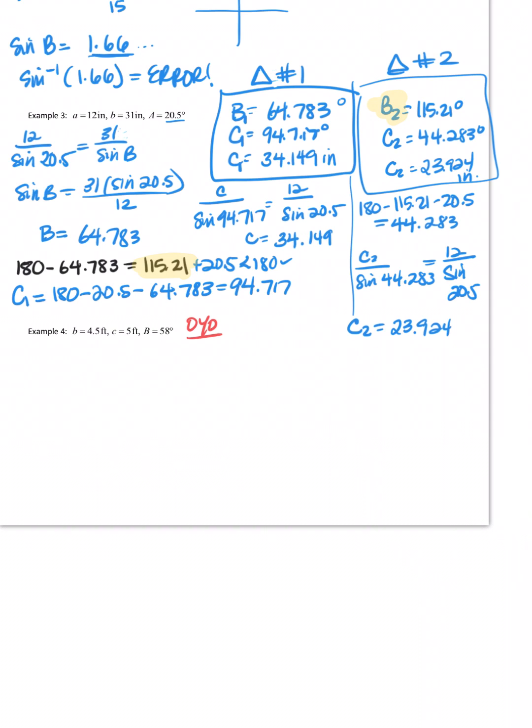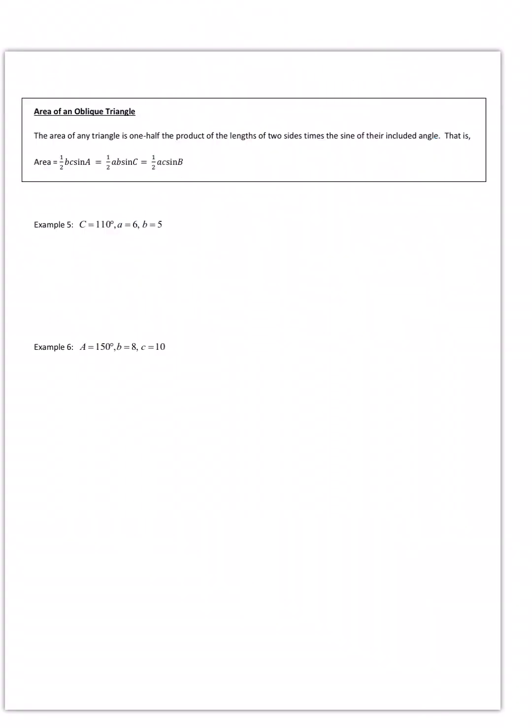Let's flip to the last page of our notes and use a different formula for a different reason. All right, this one is using the area formula for an oblique triangle. Now, if you remember, an oblique triangle means it's got an oblique or an obtuse angle in there. So if I can draw, it looks like this. This works for an oblique triangle, and it works for any two sides and the angle between them, okay?